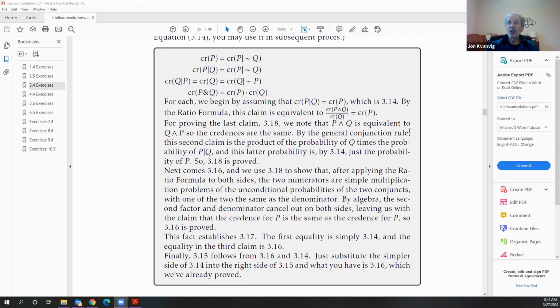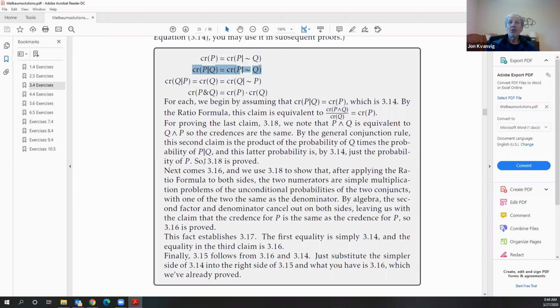By the general conjunction rule, this second claim, Q and P, is gotten simply by multiplying the probability of Q times the probability of P given Q. And this latter probability is, by 3.14, just the probability of P. So 3.18 is proved.